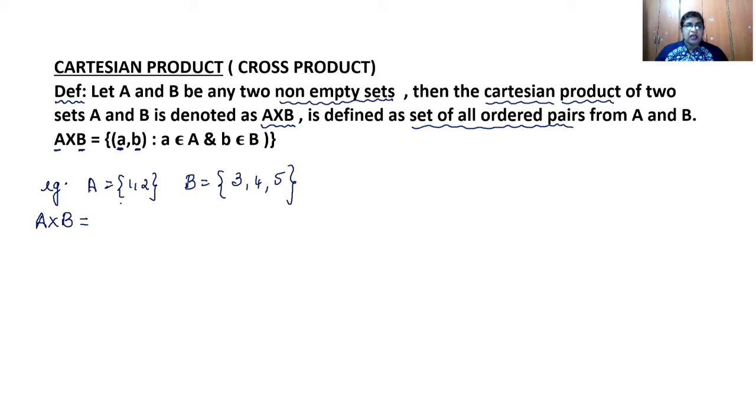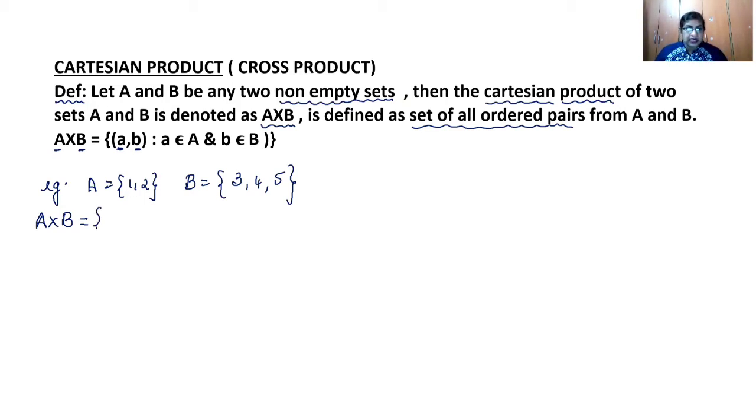What is the condition? The first element in the ordered pair should belong to the first set only, so 1 and 2 only. The second element has to belong to the second set only, so 3, 4 and 5. So how do I write the ordered pairs now?